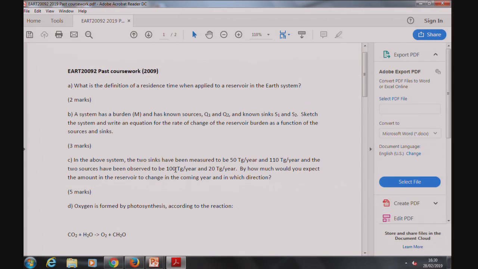Okay. So if it's minus, it means it's going in the direction of the sink, right? Yeah, minus is the sink. So overall, this is a net sink.